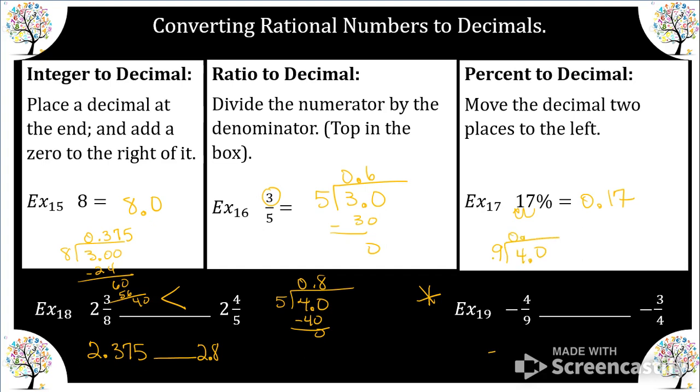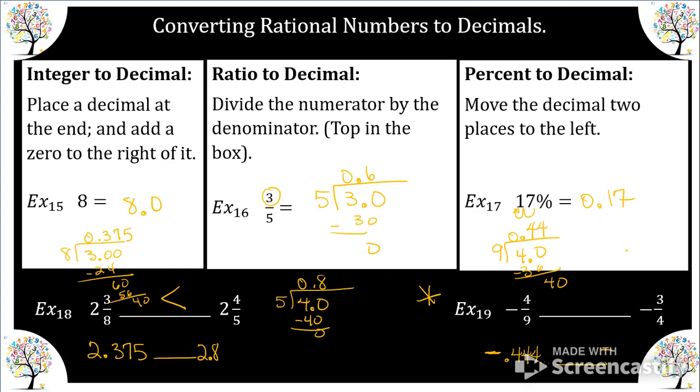So now I'll look at it as 9 into 40. Nine into 40 is going to keep repeating. So I have a negative 0.444 and on.